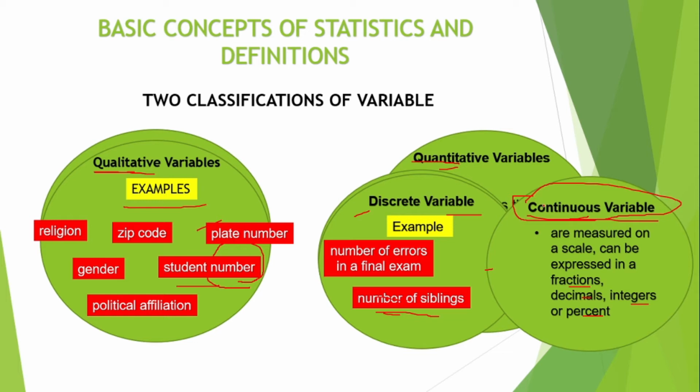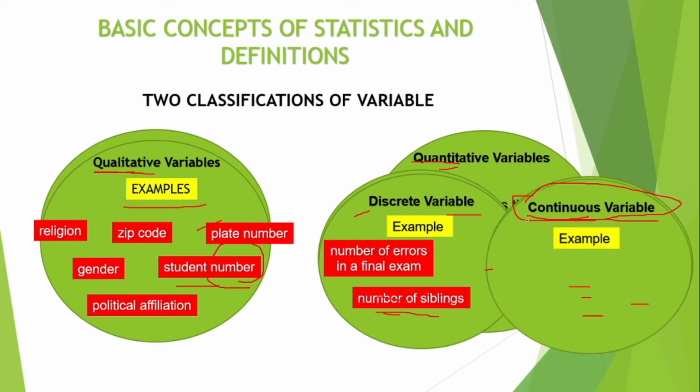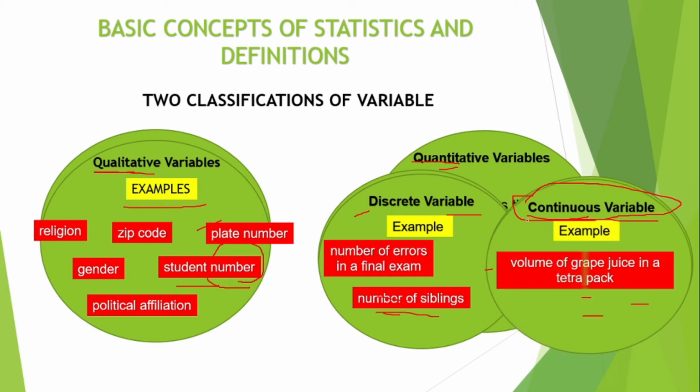measuring instrument. Like for example, when you are going to find the volume, the acceleration, or the length of a given object. So, ginagamitan siya ng mga measuring instrument. Examples of a continuous variable are the volume of grape juice in a Tetra Pak.